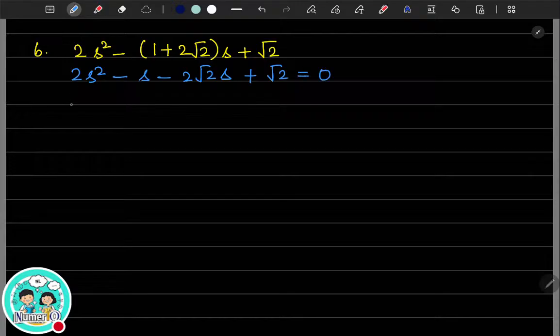What can you take common? You can take s common out, so you have 2s minus 1, again minus root 2 common out, so you have 2s, again minus 1 equal to 0.